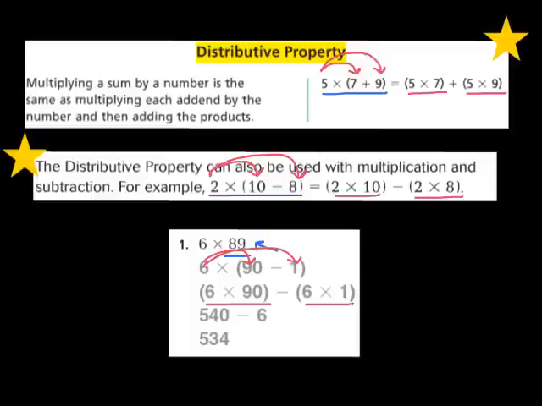That would take me to 540, because 6 times 9 is 54, and I'm going to add my 0, so that's 540. And I know that 6 times 1 is going to give me 6, so if I have 540 minus 6, that takes me to an answer of 534. And I've now used my properties to help me evaluate that expression much more easily.